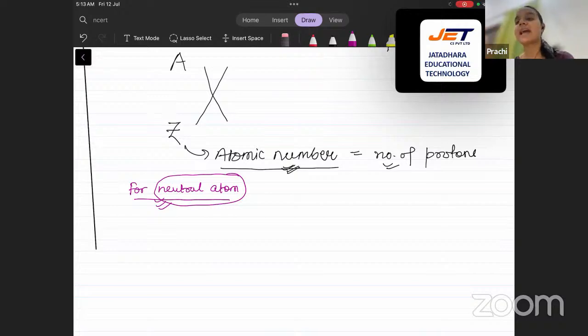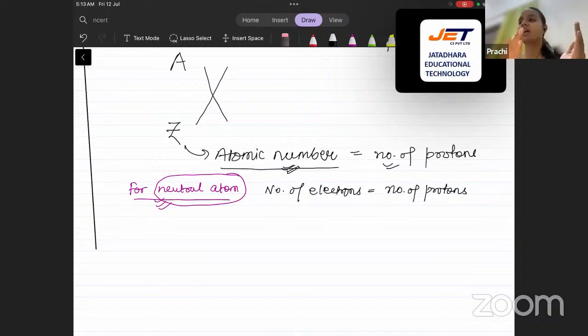For a neutral atom, we will have the number of electrons equal to the number of protons, because the overall atom has to be neutral. So yes, positive charge has to be equal to the negative charge. So here the number of electrons will be equal to the number of protons, which in turn will be equal to the atomic number, right? But this is only true for the neutral atom.